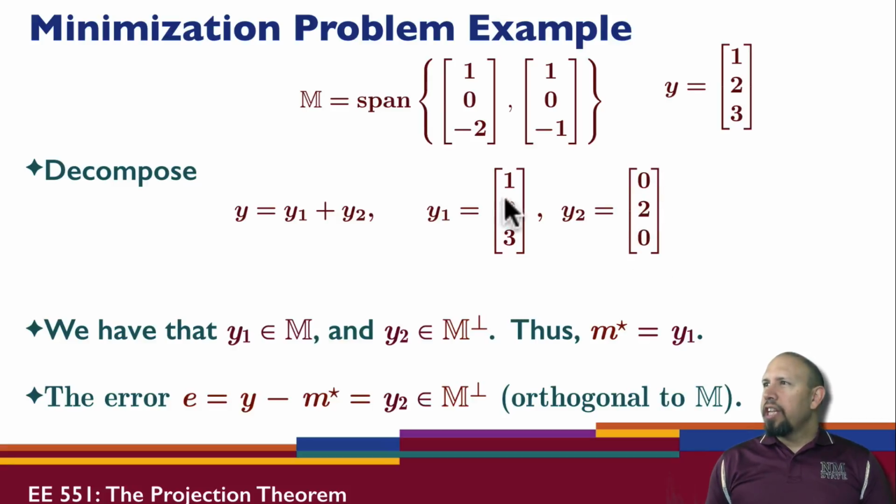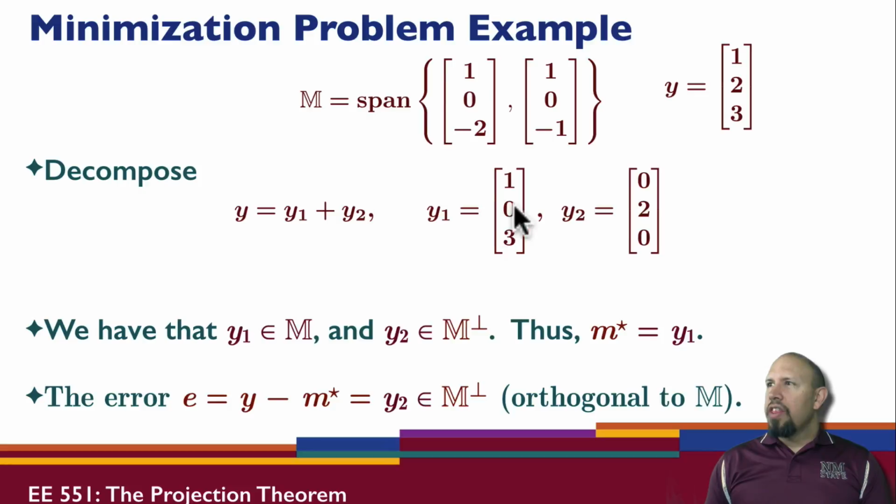We can see easily that these two vectors are orthogonal to one another. Just take this transpose times this, you'll get 0. Also, if you take this vector transpose times either of these two vectors, you'll also get 0.